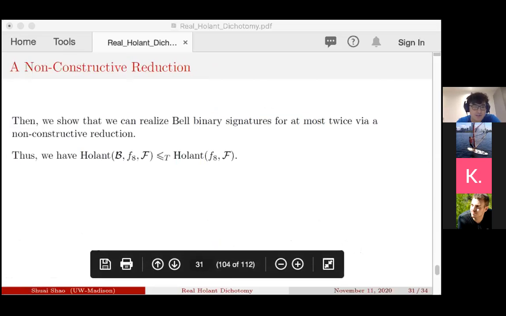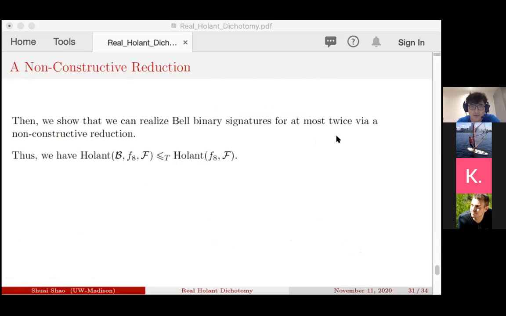And once we have this reduction, we show that we can realize Bell-binary signatures at most twice with a non-constructive reduction. Then we have a reduction from the Holant problem specified by the original signature set script F, together with the special signature f8 and all Bell-binary signatures, to this Holant problem.